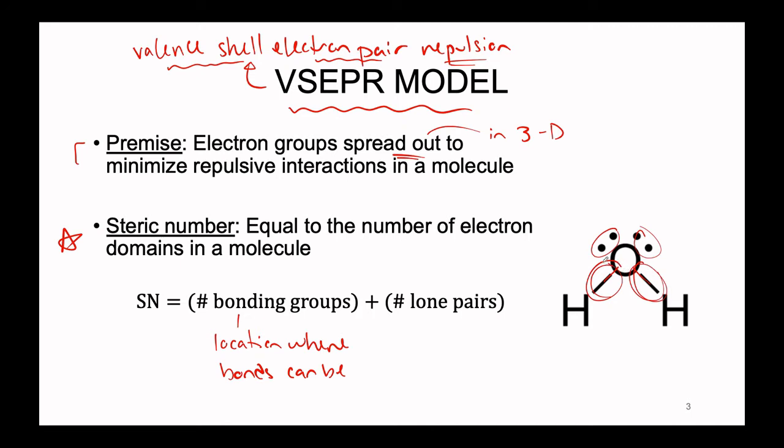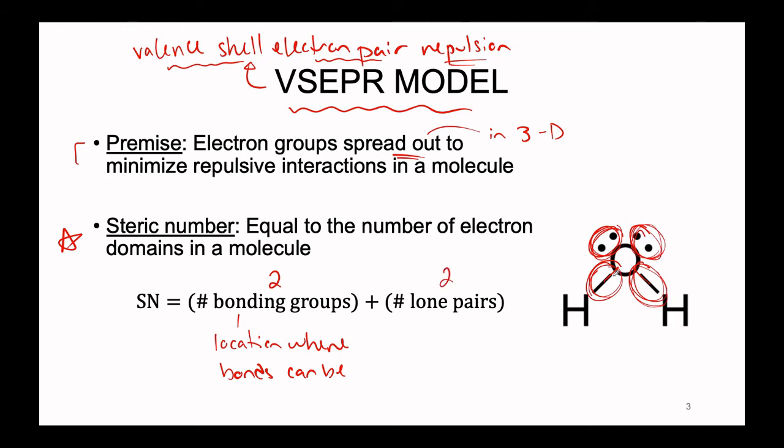We can see that there is a clustering of an electron pair between the oxygen and hydrogen on the left. There is another clustering of electrons between the oxygen and hydrogen on the right. So our number of bonding groups in water around the oxygen is equal to 2, and the number of lone pairs we can see is also equal to 2. We have 1 lone pair, 2 lone pairs.